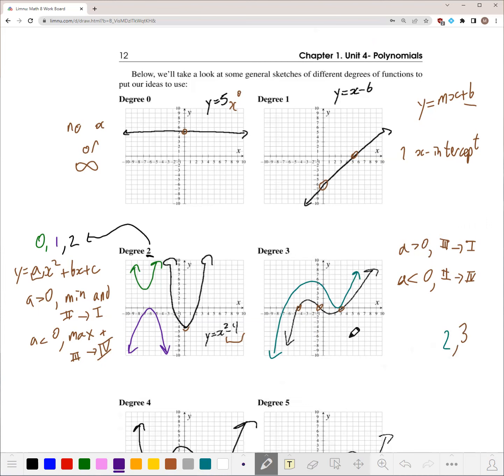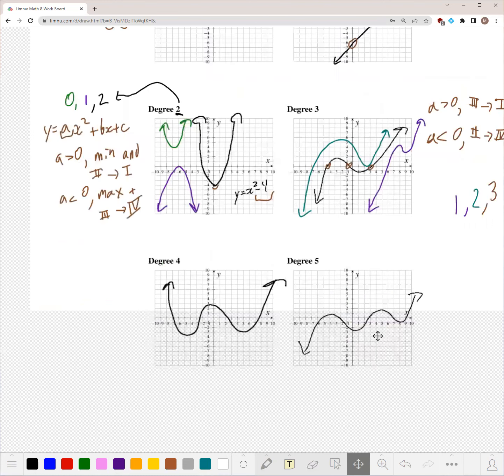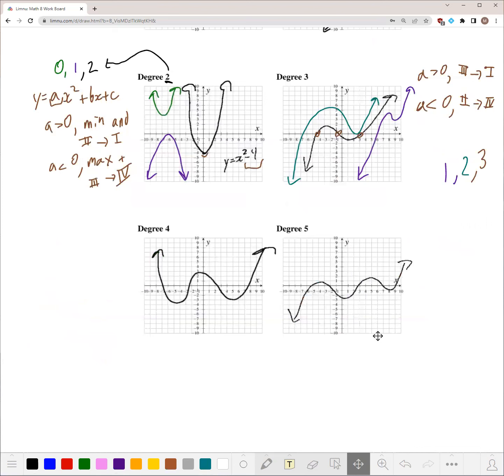And the minimum I could have is something like this, where it goes like that, so I could have 1. But there's always going to be at least 1. For an odd function, it has to start in one corner and go to the opposite side, so we know it has to cross the x-axis at some point.